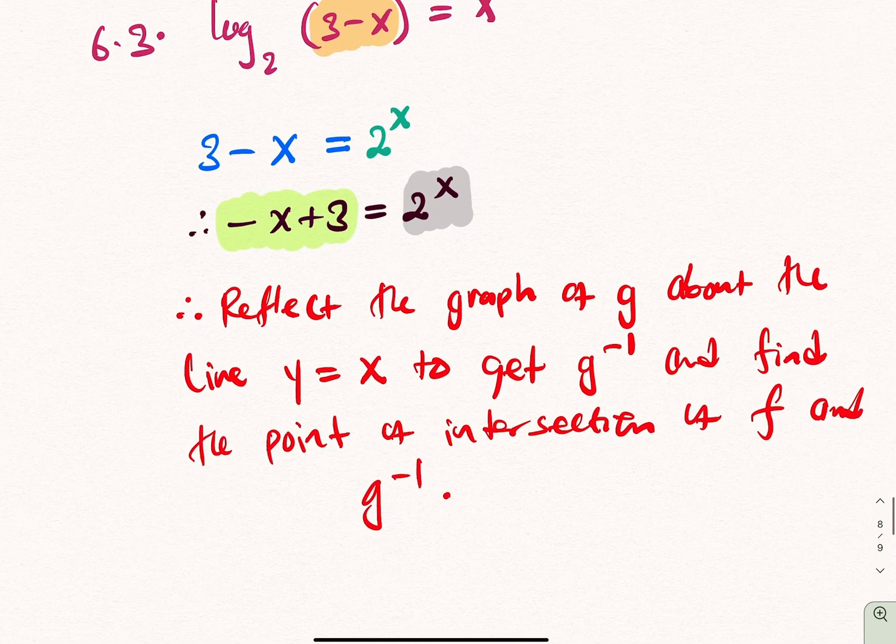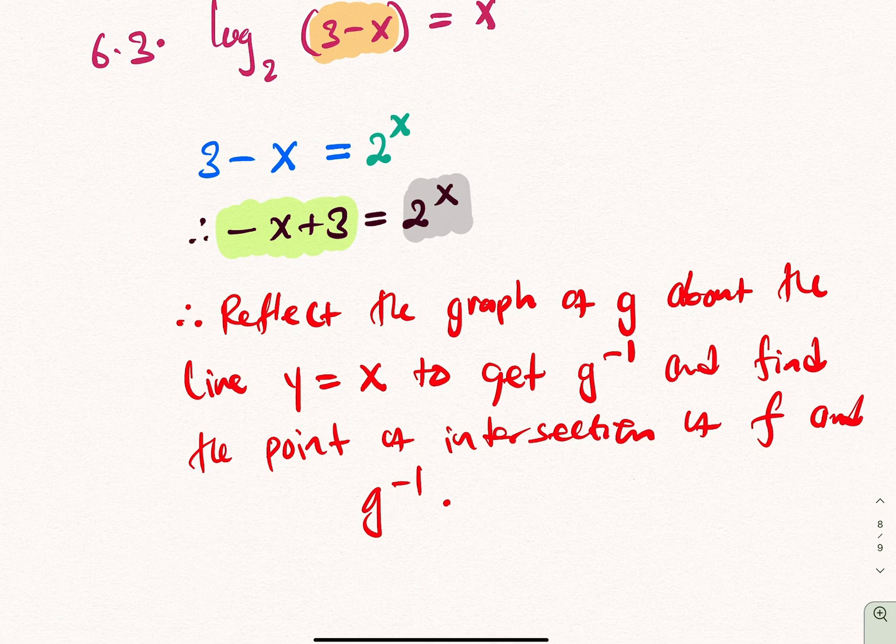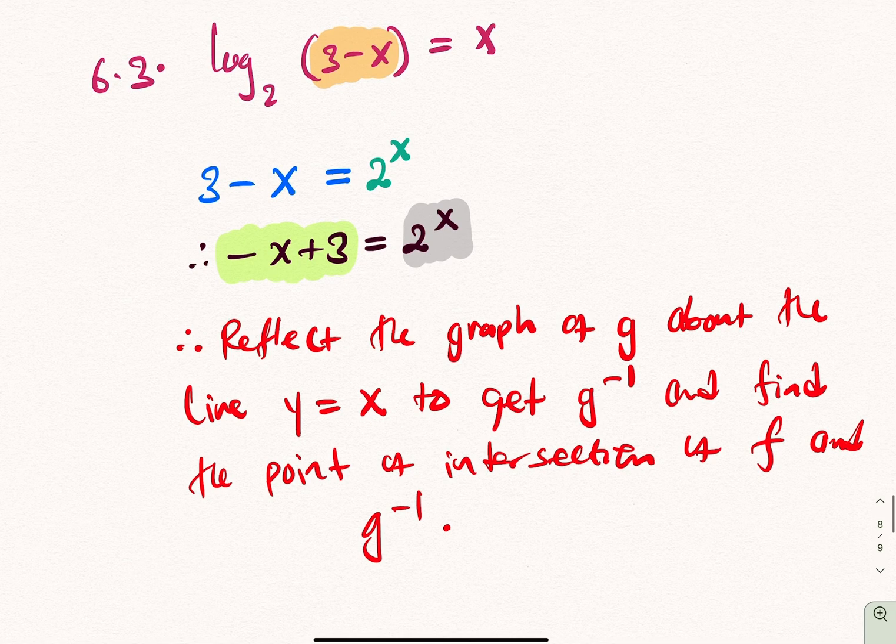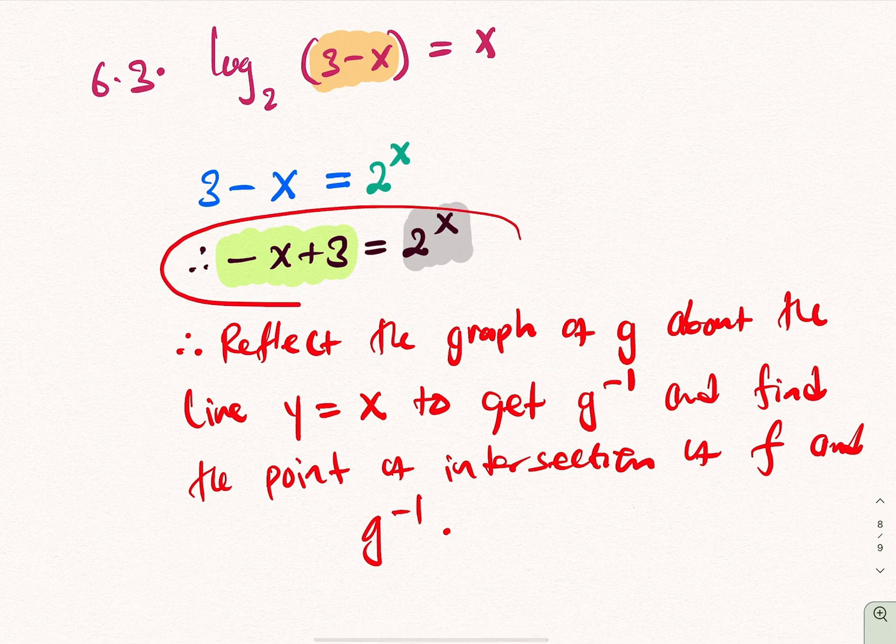So this is how you're going to explain it. I don't know how many marks it was given, but that should really be very easy. That's the point of intersection of the g inverse and f, basically. So you could have explained it in your best way.